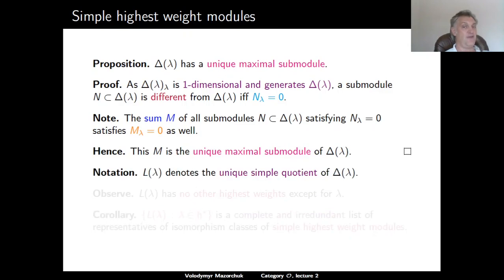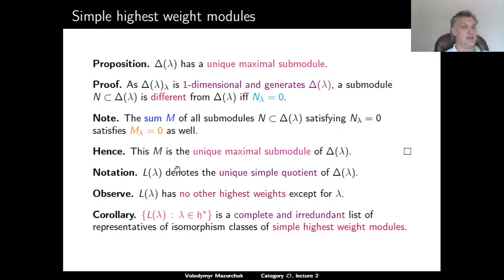And if we factor out this unique maximal submodule, we obtain the unique simple quotient of delta lambda, which we denote by L_lambda. Recall that delta lambda had a unique highest weight lambda, so L_lambda also has a unique highest weight, namely lambda, which implies that L_lambda and L_mu are isomorphic if and only if lambda is equal to mu.